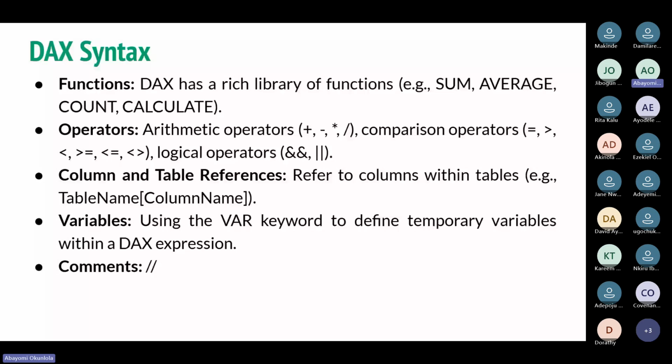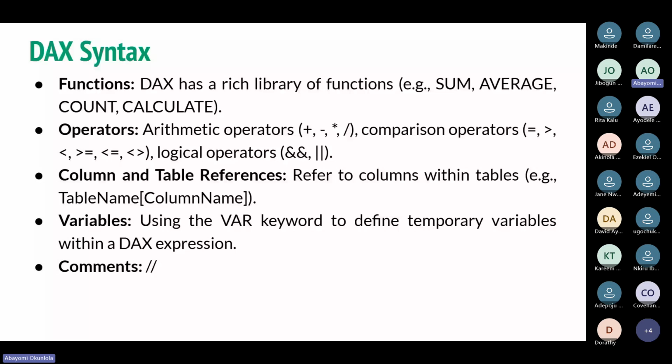Then we have our variables. So say, for instance, you intend to call a particular line of formula multiple times in a single DAX expression on your measures. So you need to have what we call variables.